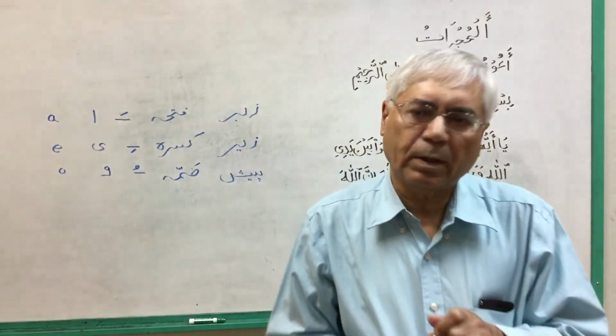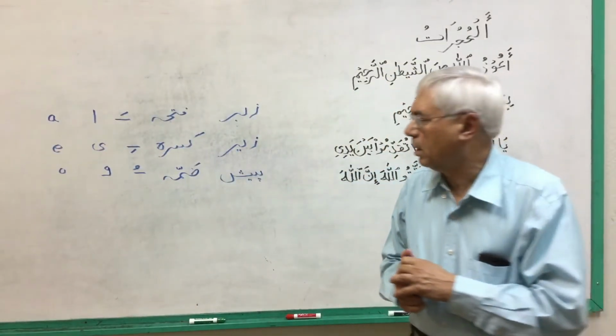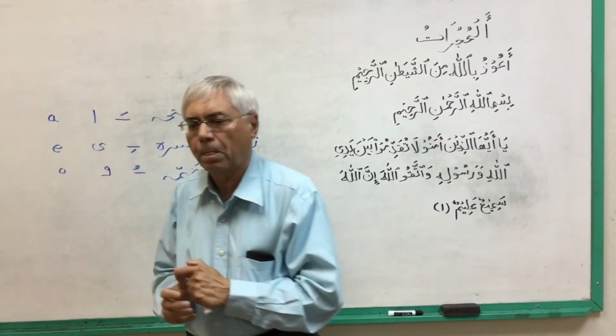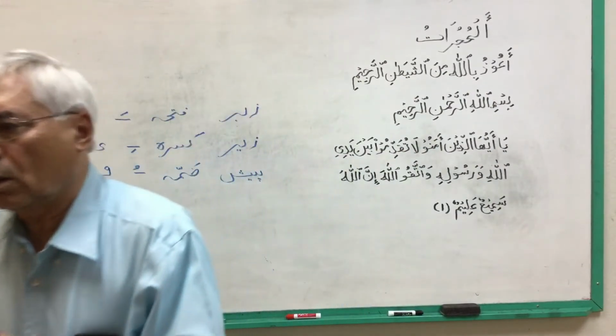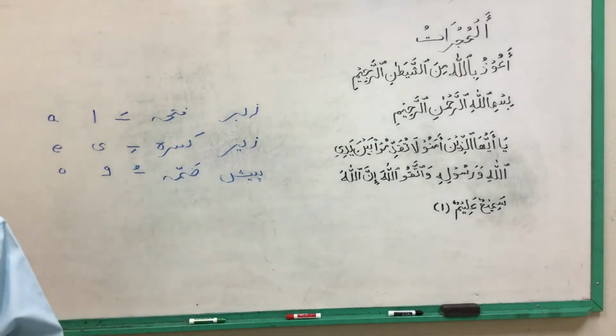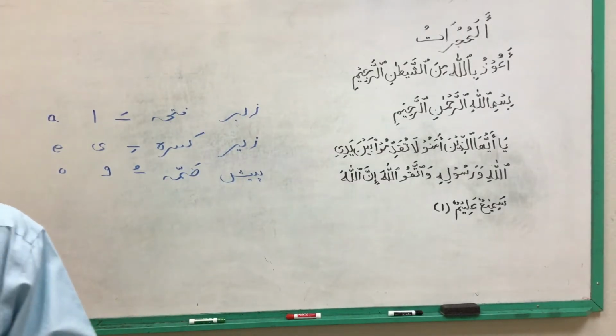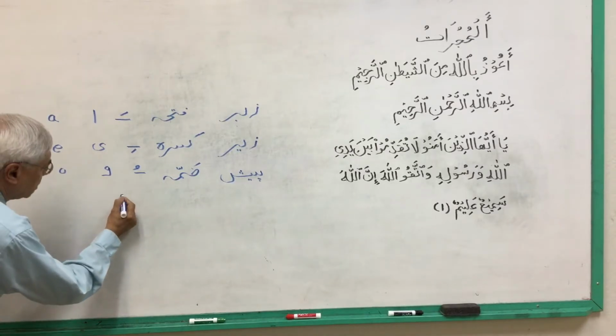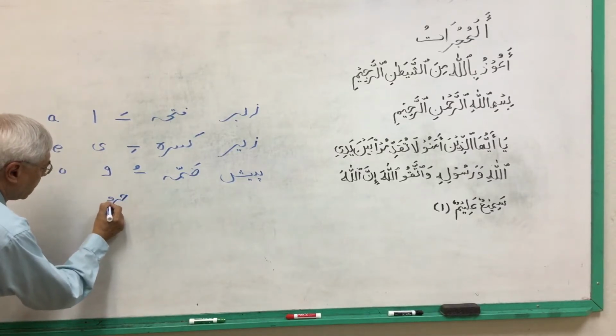These three letters are very important: Alif, Ya, and Waw. And they are called huruf illat. Illat means alil, means sick. Why do they call them sick letters, huruf illat?